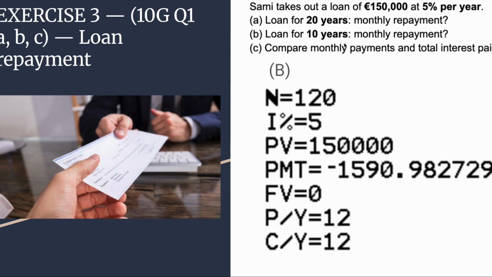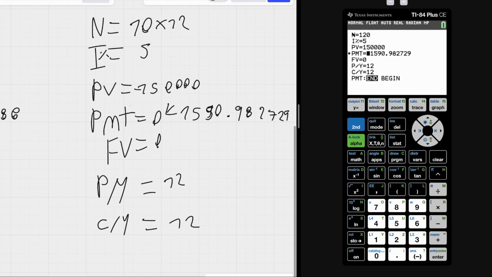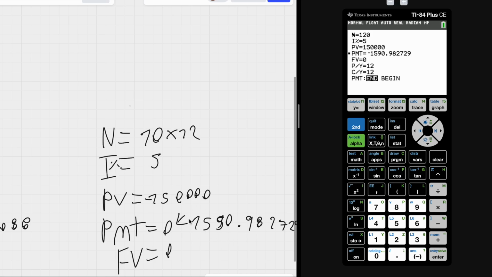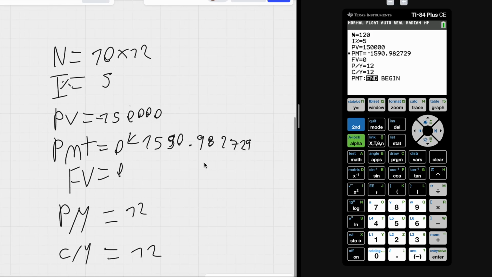So the third question is compare monthly payments and total interest paid. For this, we are gonna need to compare those two values that gave us here and here.